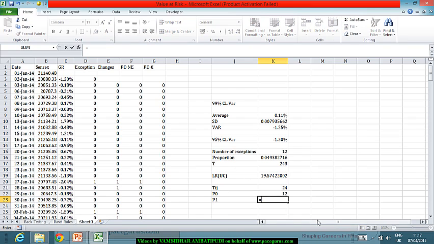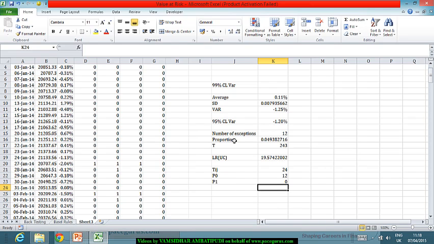So I am trying to count those particular days where the previous day also was an exception. It is 0, right? But just mandatorily let me try changing. Okay, for time being this is P1. So I have P1 as well as P0, which talk about the exception on a particular day where the previous day was not an exception, and the exception on a particular day where the previous day was an exception.